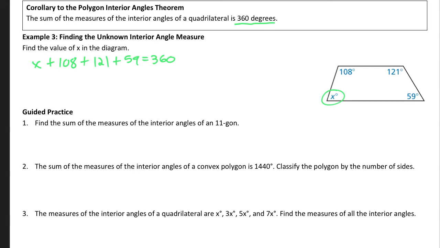So I'm going to combine all the like terms on that left-hand side before I solve. x plus 288 equals 360. And then x equals 360 minus 288, 72 degrees. That missing angle is 72 degrees.